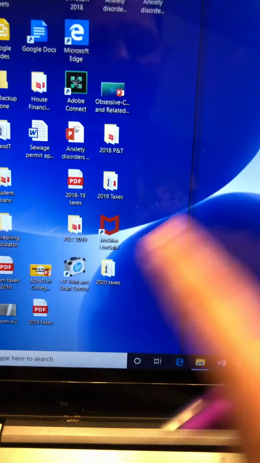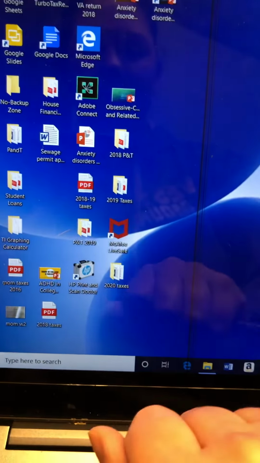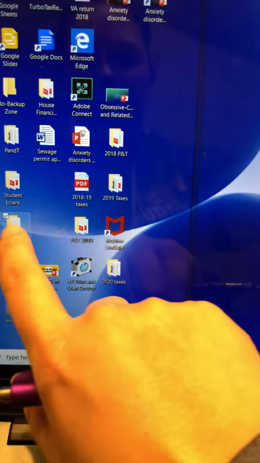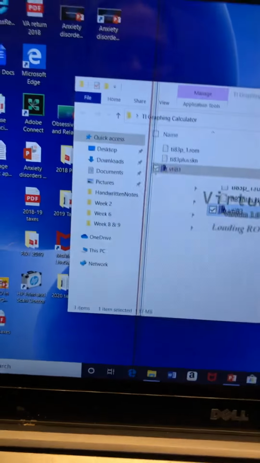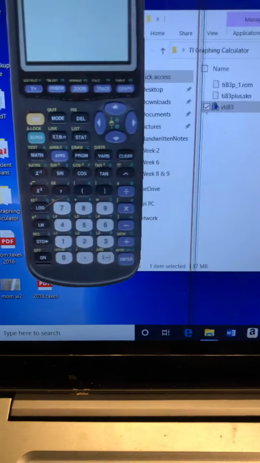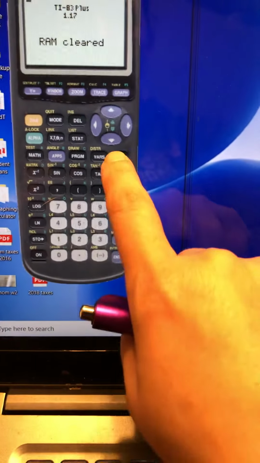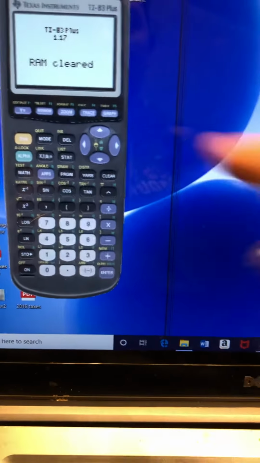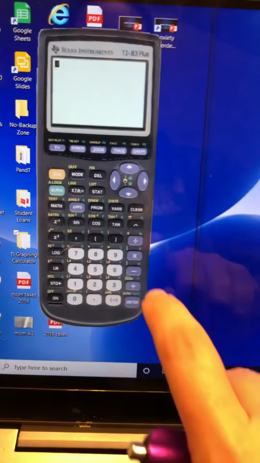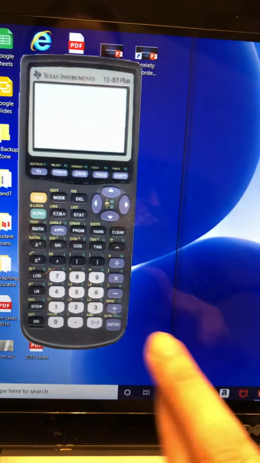Let me get rid of that one, open up another one, if I can remember where it is. I just have 2 calculators on the screen, that's okay. Why is it not letting me do touchscreen? Please cross your fingers.